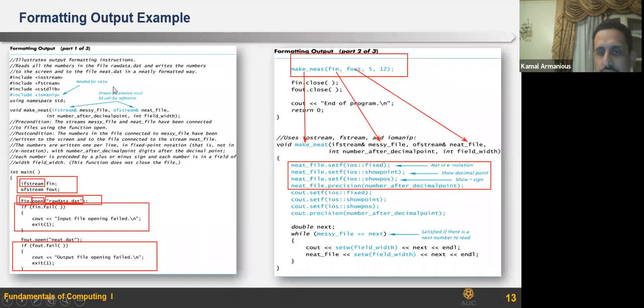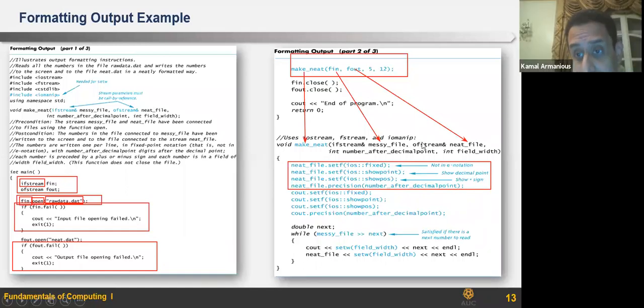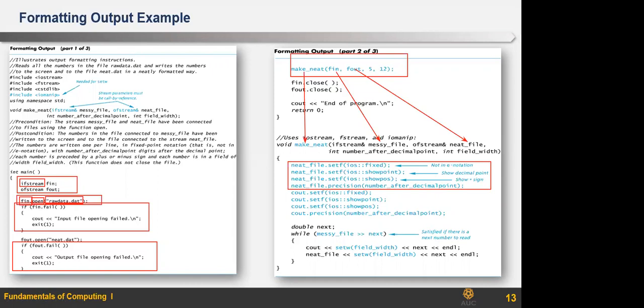However, instead of formatting the float or double number on the screen, it will format it on a file. So neat file is the object that belongs to the class called ofstream, which is for writing. So I am formatting the output.